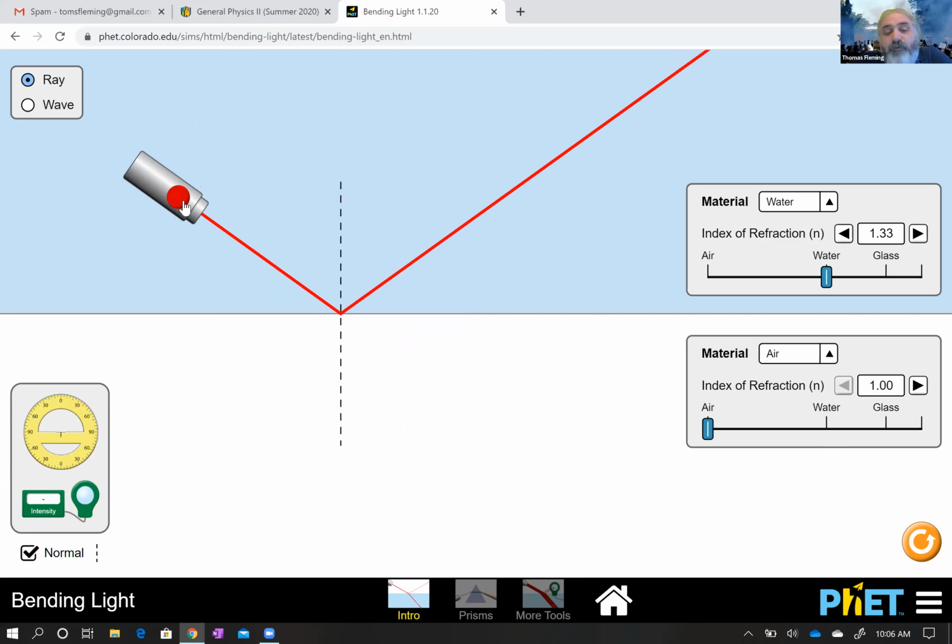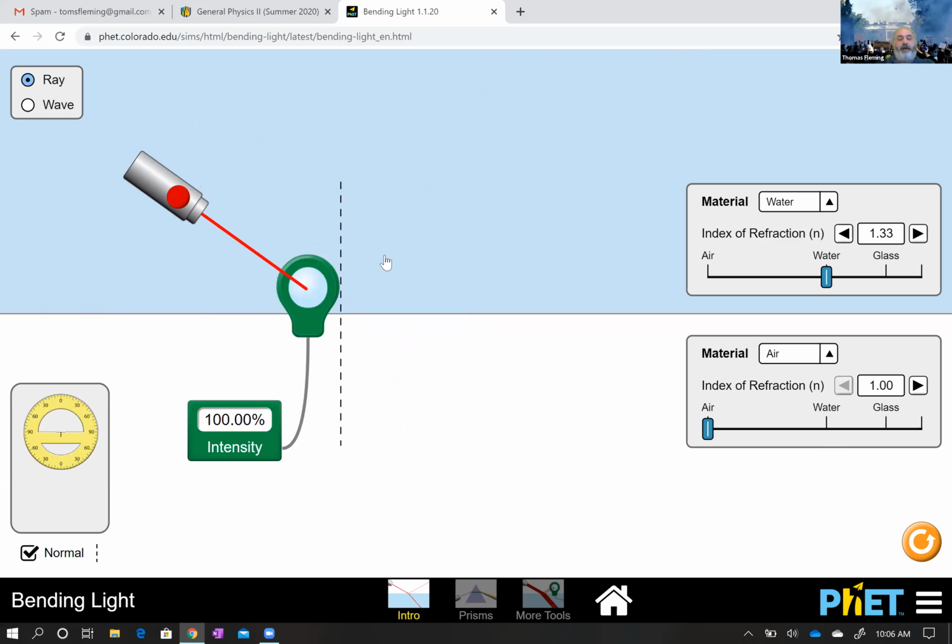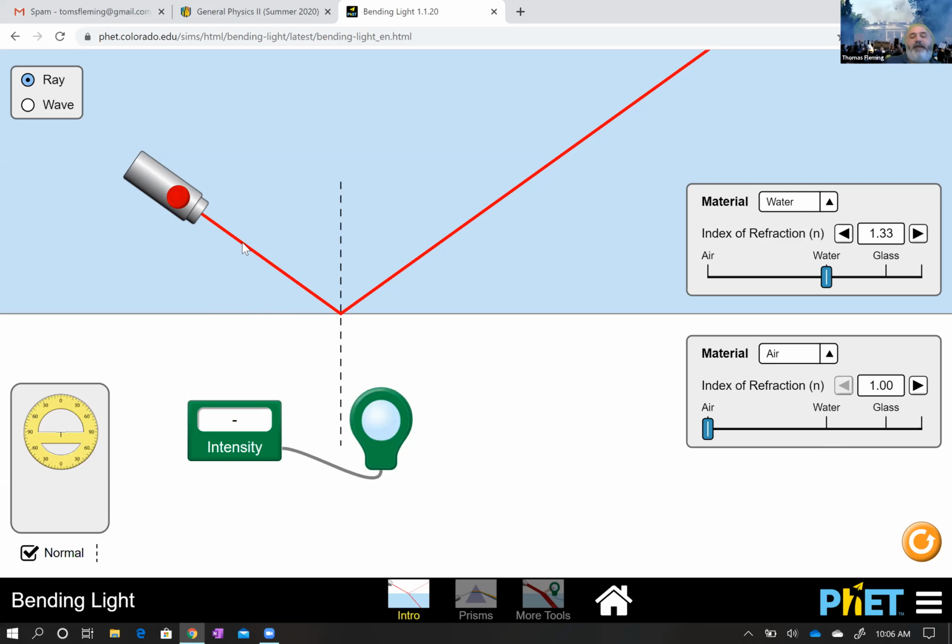Looking here, I have 100% here and 100% here. So literally all of my laser, when it tries to leave the water, instead just reflects and remains inside the water. We call this process total internal reflection.